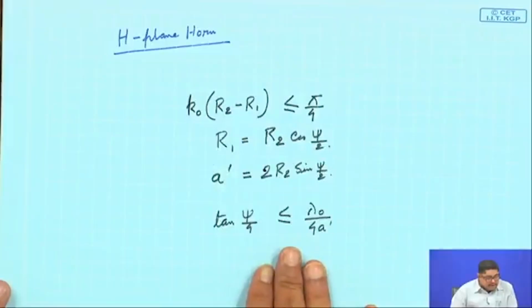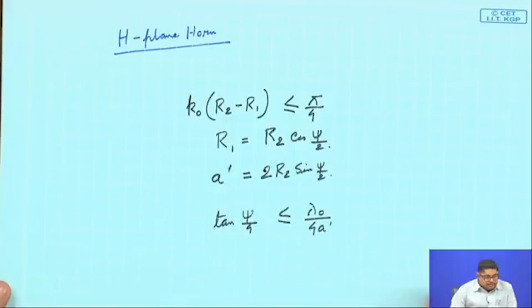Now, when the phase variation is restricted in this manner, we can neglect the phase variation in the aperture field. The aperture field may be assumed to be the same as that for the dominant TE10 mode feeding the horn.